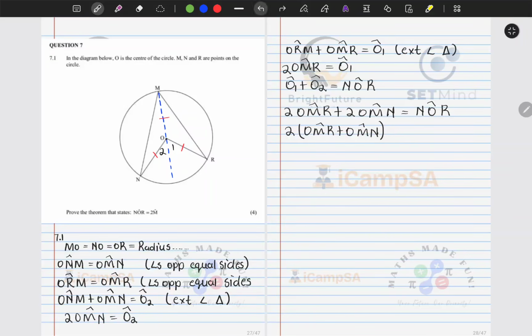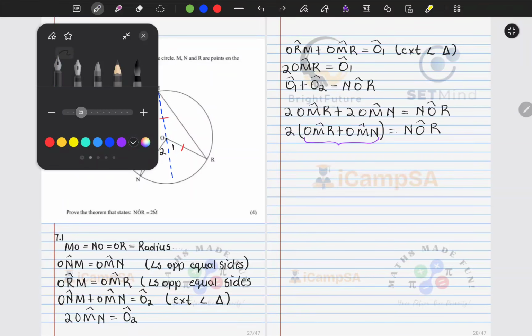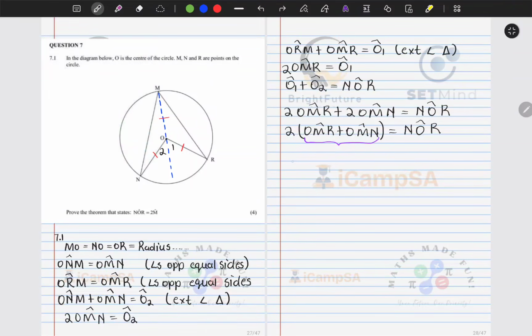And this becomes NOR. But if you look at what is happening here, you are just adding this angle and this angle. And that entire angle, if you observe carefully, just becomes NMR, or angle M as a whole. So you'll see that what we end up having is 2 times angle M, that will end up being NOR.